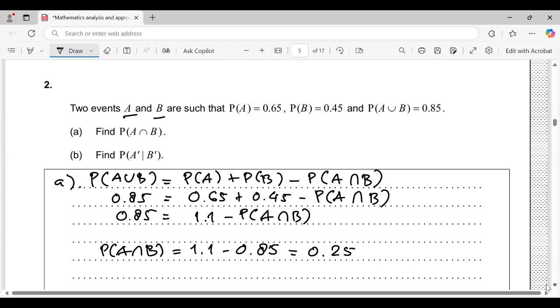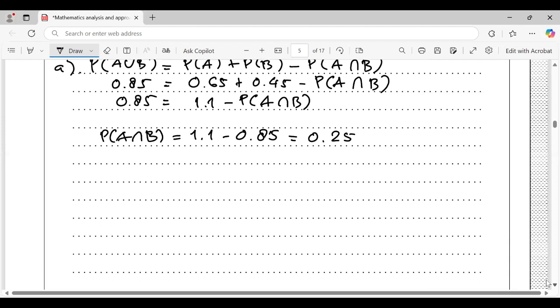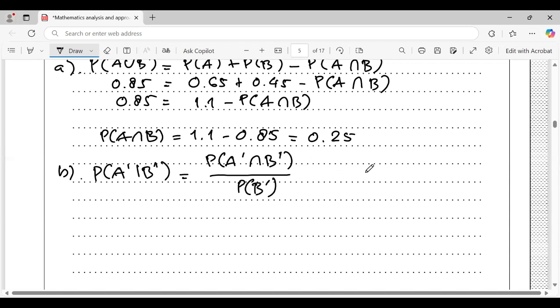Next, question B is probability A' given B'. We are going to use the conditional probability formula. The conditional probability A' given B' equals the probability A' intersection B' divided by probability B'. So we need to find probability A' intersection B' first.